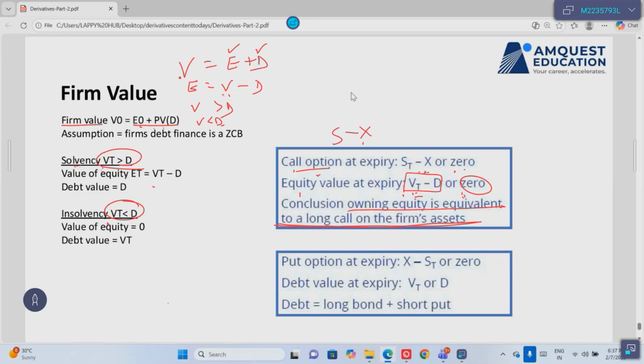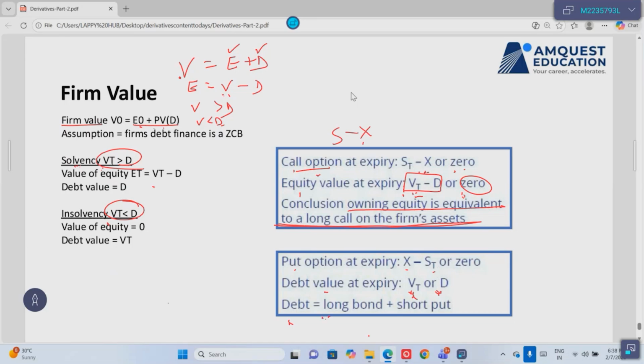Same way for a put option. If you take an option to sell, you get X minus S and 0 here. Debt is also the same concept. The debtholder either gets the value which the firm has remaining, or he gets the full value. He gets either his entire D or he gets the residual and he will suffer a loss. So debt is also as good as having a long bond plus a short put.